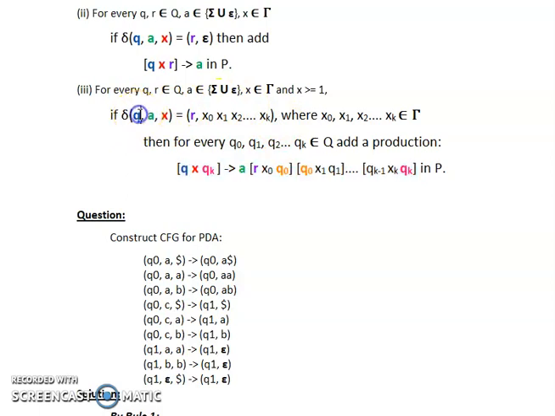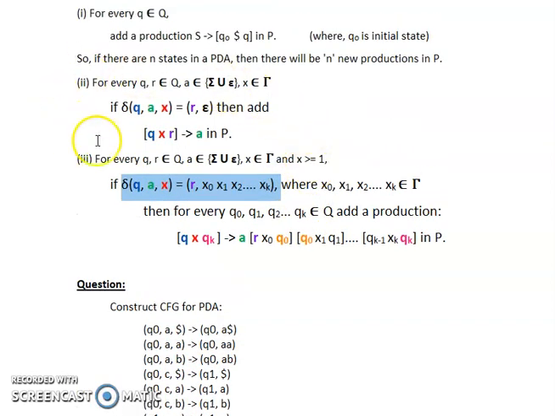Here we are at state Q and reading a symbol A. On the top of the stack there is a symbol X. Now from the state Q we are moving to a new state R, and in the stack the symbol X is replaced by X0, X1, X2, and so on till Xk. That means it is a push operation. So step 2 was for the pop operation and step 3 is for the push operations of the pushdown automata.